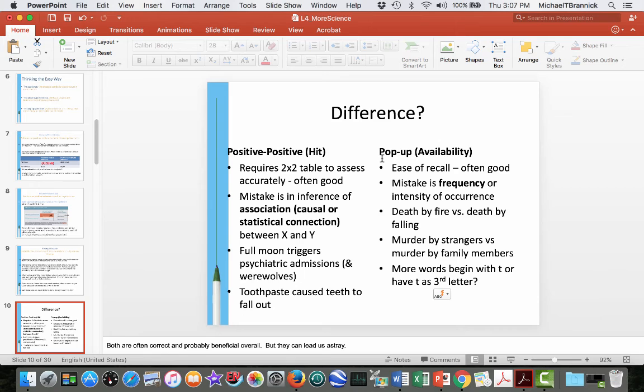Are there more words that begin with T or have T as a third letter? The idea is it's easier to think of words that begin with T, so you probably think there are more of them. And actually, I'm not sure what the truth of that particular last one is, but you get the idea. The availability or pop-up principle is that we tend to think things are common that are easily brought to mind.